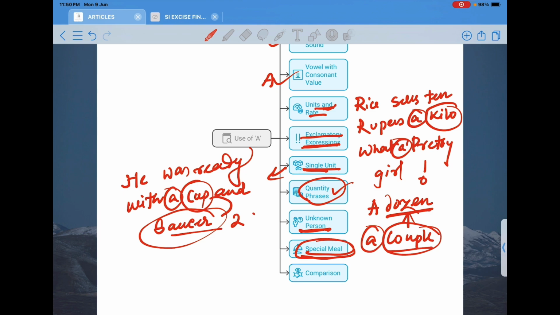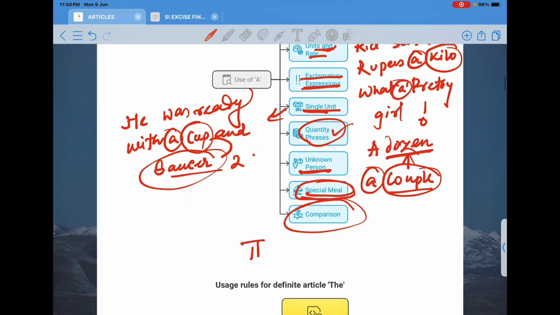Next, comparison. For example, to make a common noun of a proper noun. When we make a common noun of a proper noun, in that case also you will use "a". For example, "This man is a second Newton." This is important.